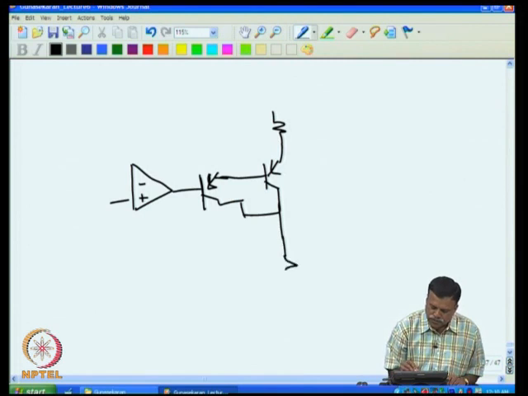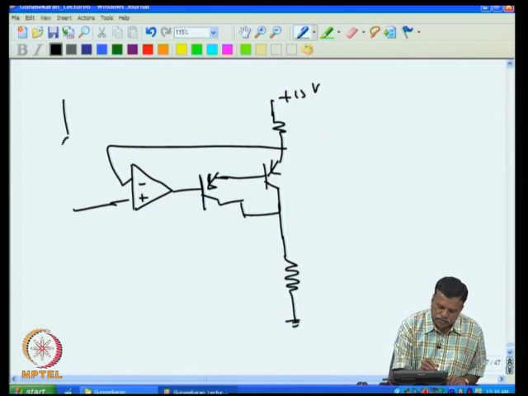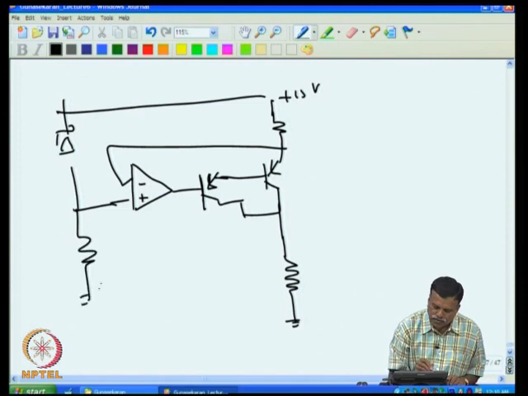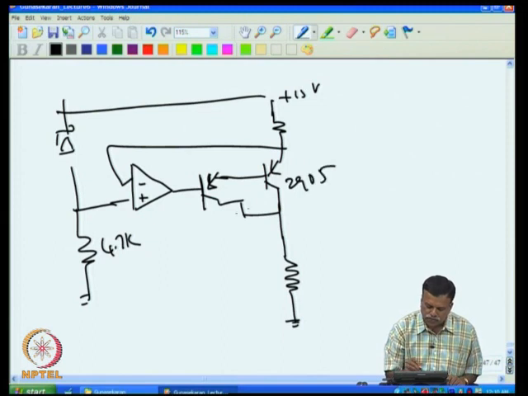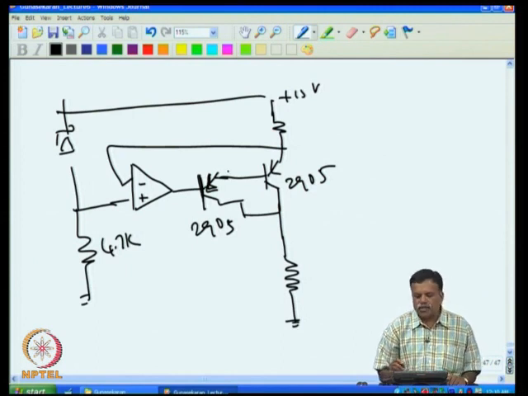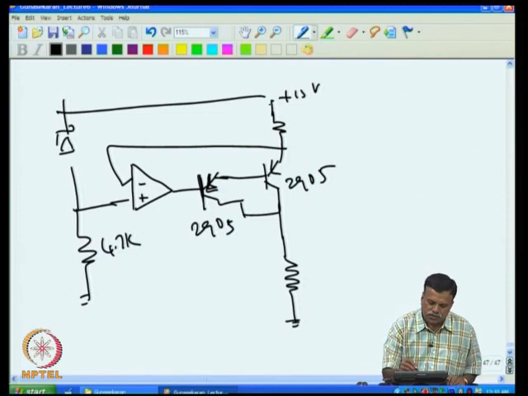I put our load like this, then connect this to plus 15, and then here we will have our Zener connected, and this we already decided, 4.7 K. For example, we can use a transistor like 2905, which is a good choice, which has a 100 volt collector emitter breakdown voltage, while we are using only 15 volts. So this kind of transistor is perfectly alright, and this is our PRT.